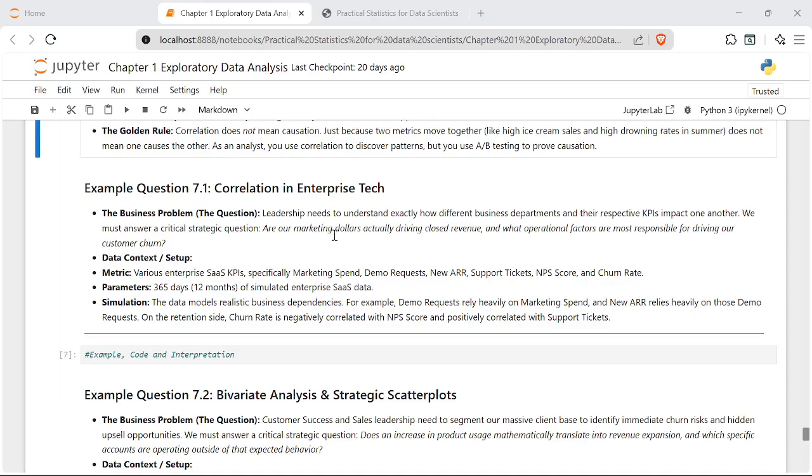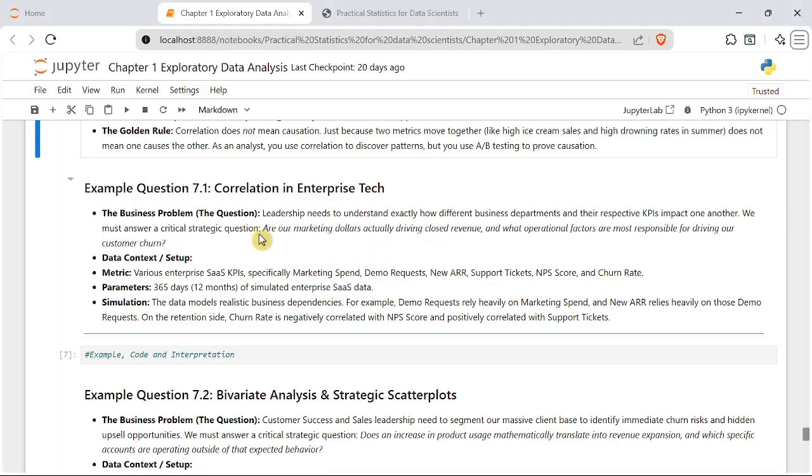Over on the retention side, we have programmed the churn rate to negatively correlate with our NPS score and positively correlate with the volume of support tickets. Let's build in Python a correlation matrix and a heat map so we can visually prove exactly how all these moving parts are connected.